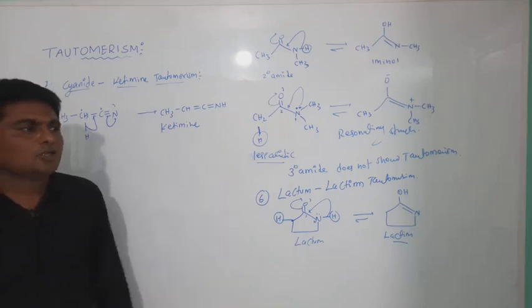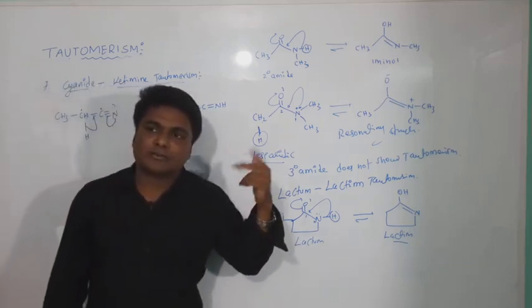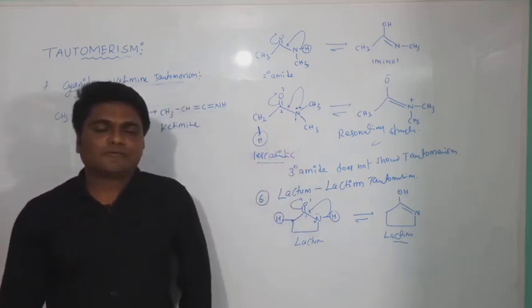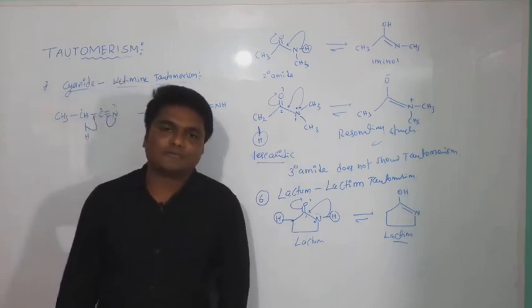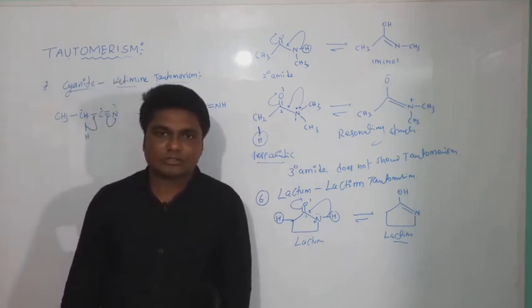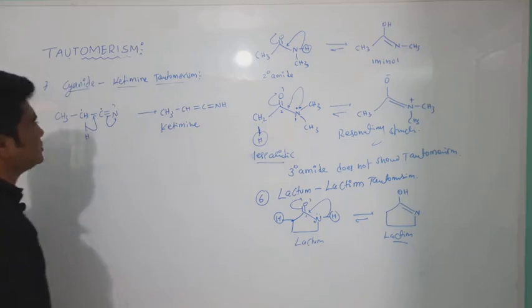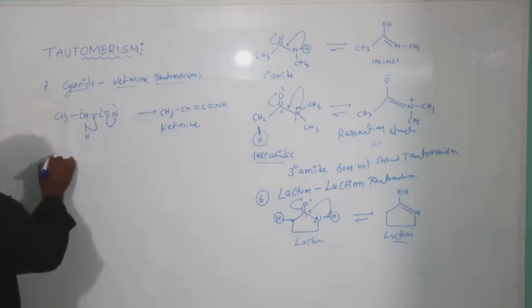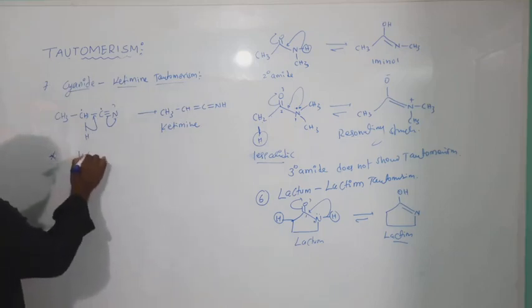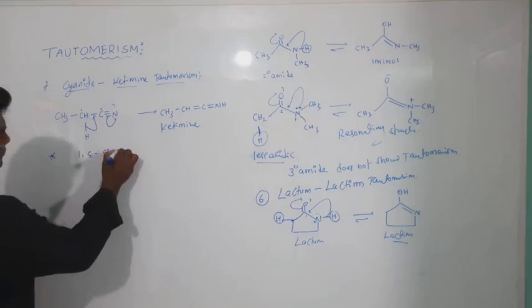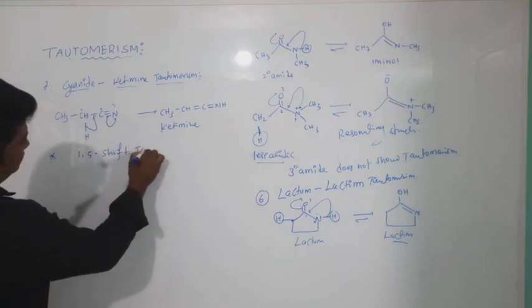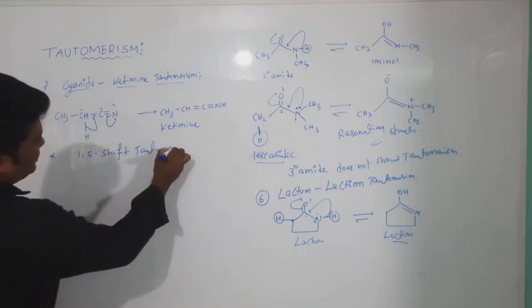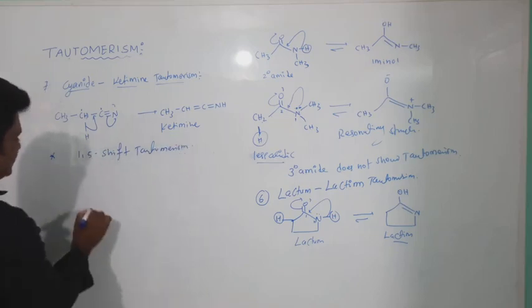Understood? Now see here, some other shifting is also there, that is 1,5 and 1,7. So let me explain that also. Now I am explaining 1,5 shift tautomerism. Already we discussed this one, but again I am repeating here.